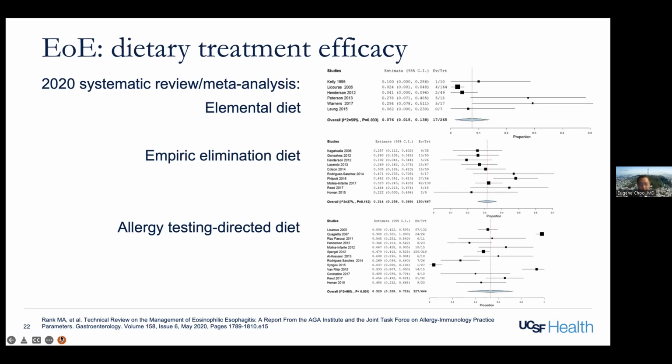Basically, they saw that the most efficacious form of diet was the elemental, really horrible amino acid powder diet. The empiric elimination diet came in second place. And then, somewhat sadly, the allergy testing directed diet came in third.